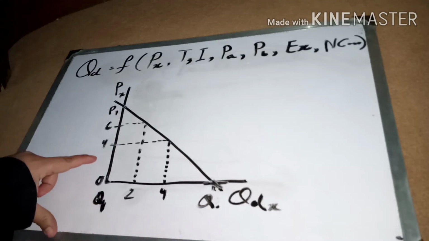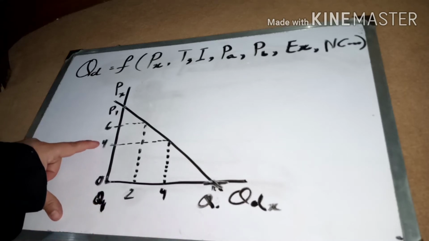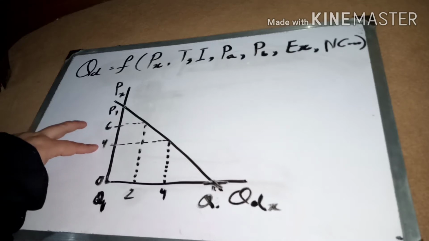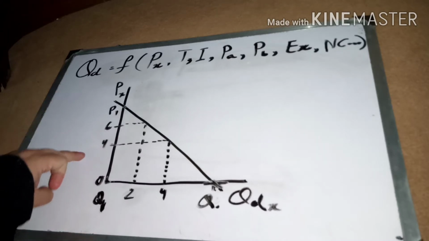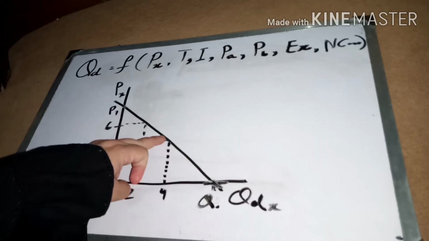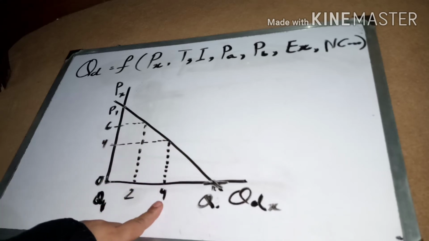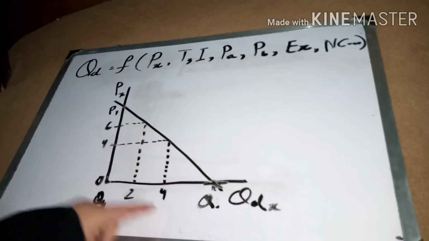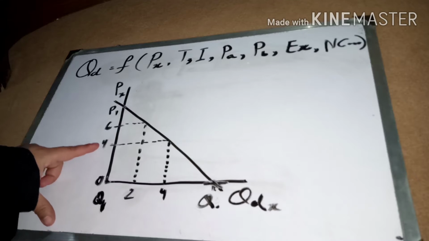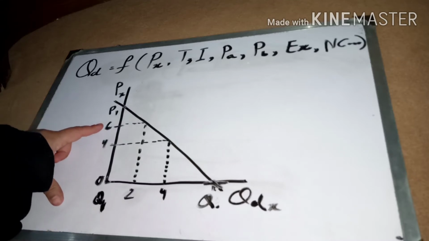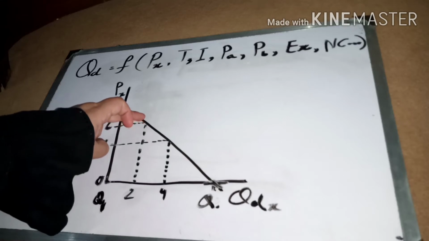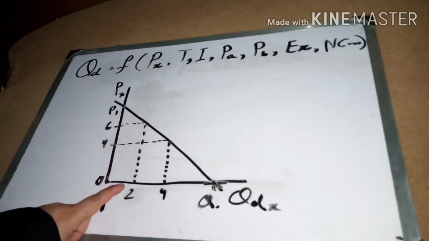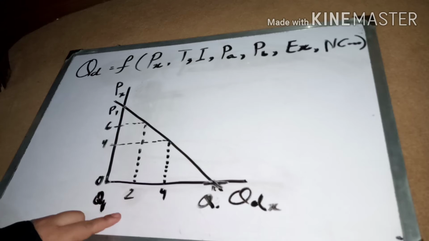Now when the price of the product starts rising, and let's suppose it reaches $4, at this point the quantity demanded of the product is 4 units. When the price rises further to $6, the quantity demanded decreases and becomes 2 units.